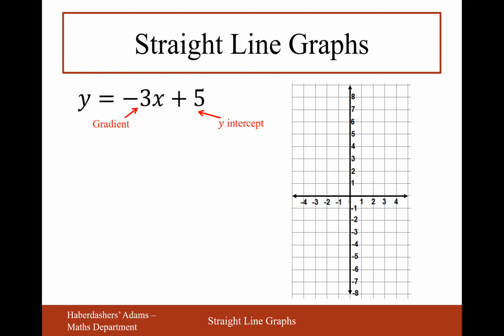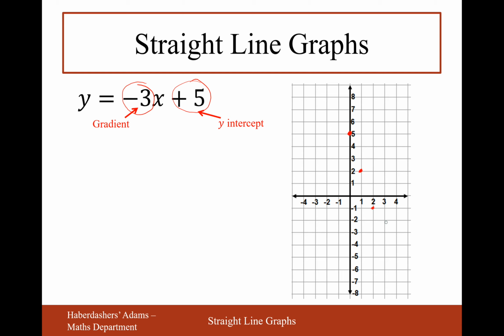Moving on to the next one. Start at 5 up on the y-axis, always on this y-axis line here. And this time, instead of moving up by a certain amount, I'm going to move down by a certain amount. Or effectively, you could think of it as moving up by minus 3. And when you move up by a negative number, you're moving down. So move on to the next coordinate, down by 3, and again, down by 3.